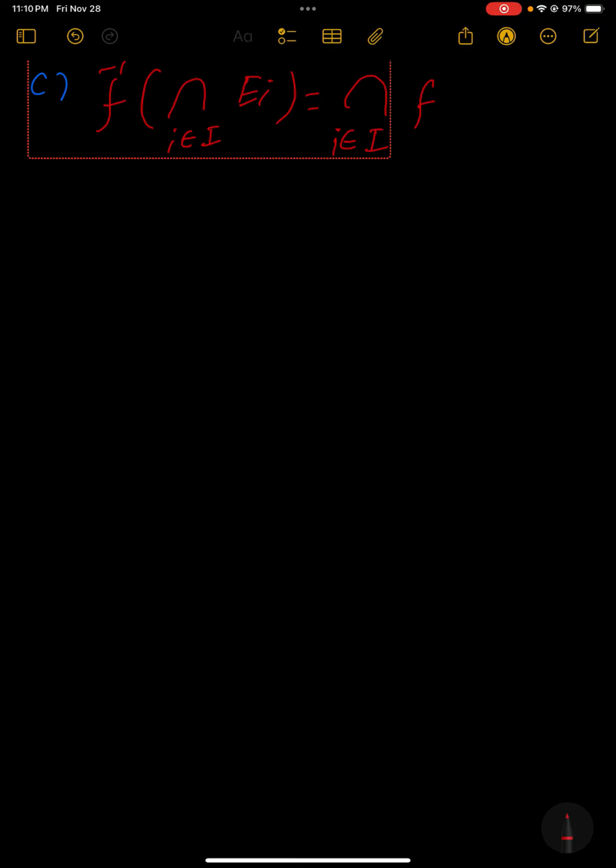Okay, and the third one, c, again we need to show that f inverse of the intersection over i belonging to I of ei is nothing but the intersection of the f inverse of ei. Again, we can put that outside of ei.